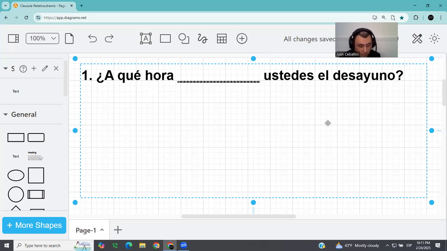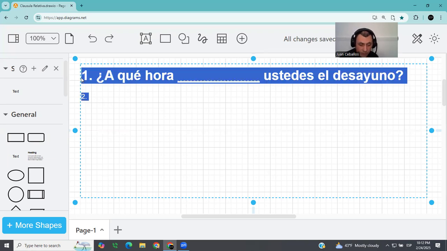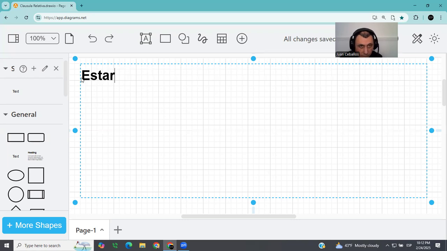Another thing that we need to change on exercise 5.5 is number 2. Here I want to explain the verb estar. If you are a student, I think you should know this already. But the verb estar, as I said, for those who have been taking classes, is mainly used for very precise times.